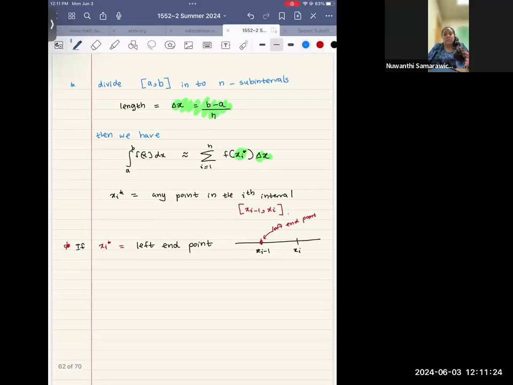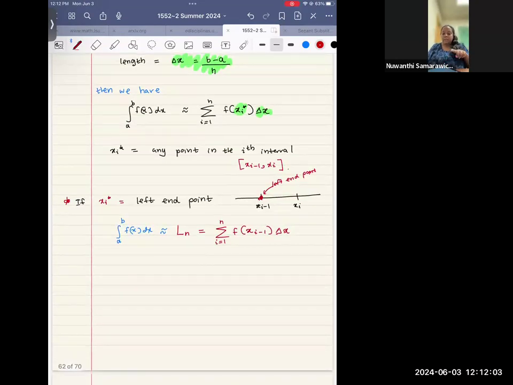If you use the left endpoints, then we approximate the definite integral, and this sum we denote by capital Ln, which is equal to the sum from i equals 1 to n of f at x(i minus 1) times delta x.